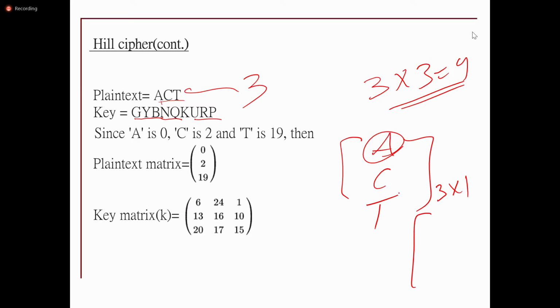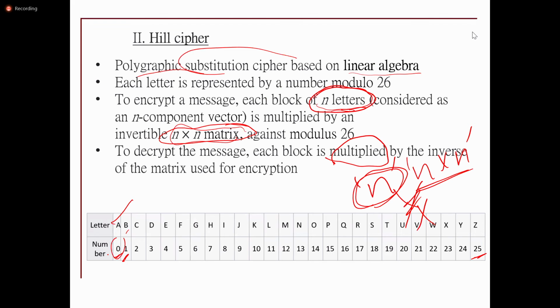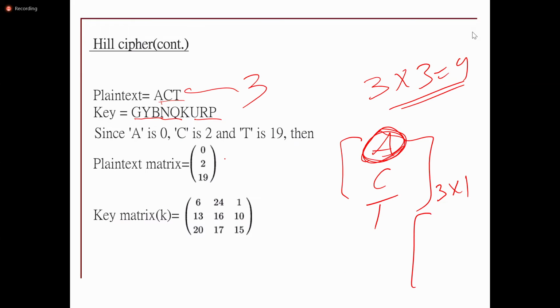Each alphabet should be represented in a row. So here "act" is the plain text, and we need to take its numerical values. From this table, A value is 0, C value is 2, and T value is 19. So 0, 2, and 19. That is why the plain text matrix is represented with 0, 2, and 19.